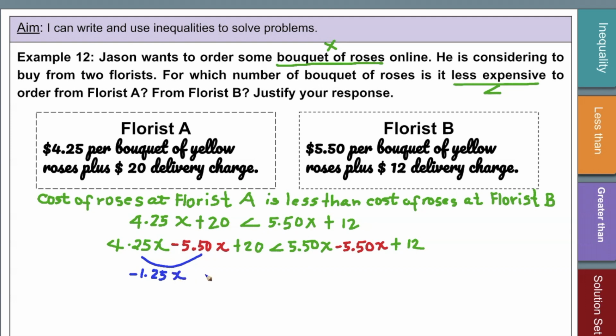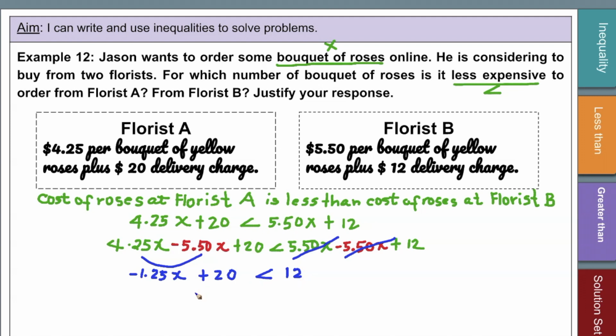Let us now solve our inequality by applying the properties. Let us add to both sides negative 5.5x and then combine like terms.